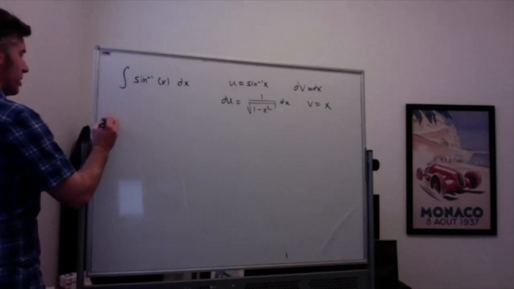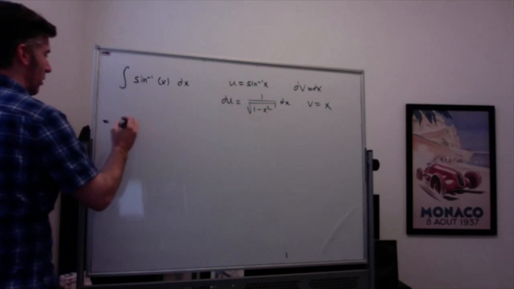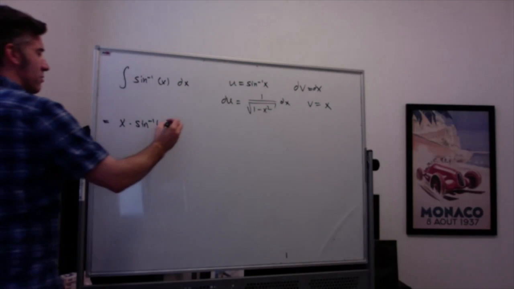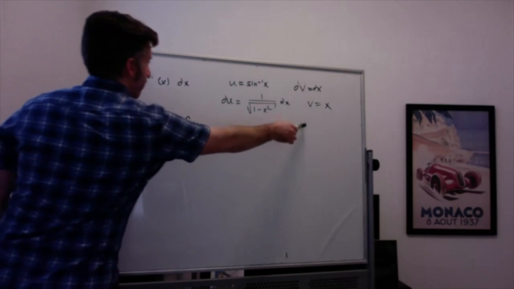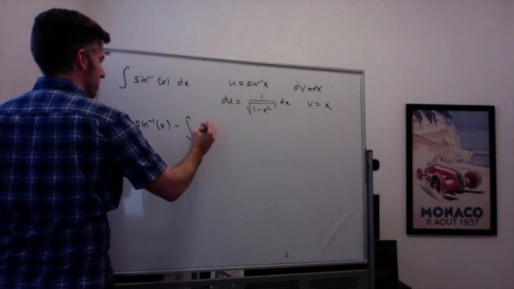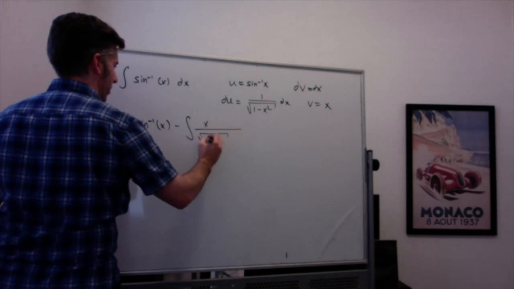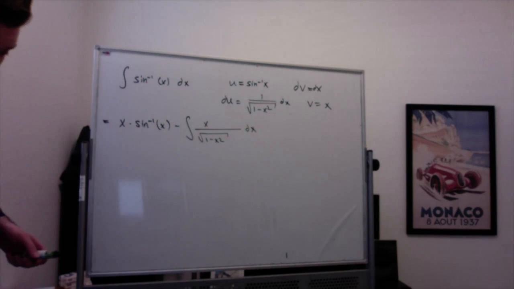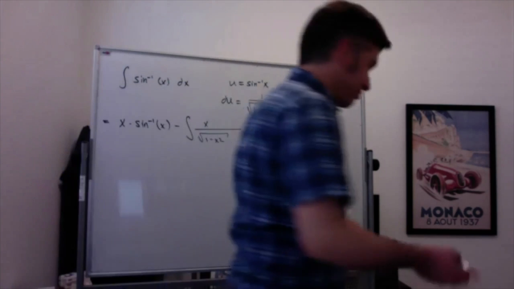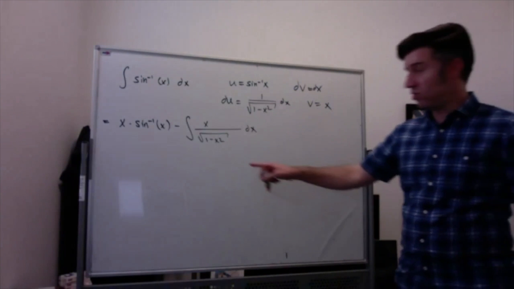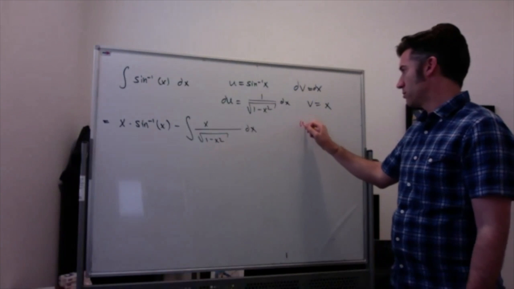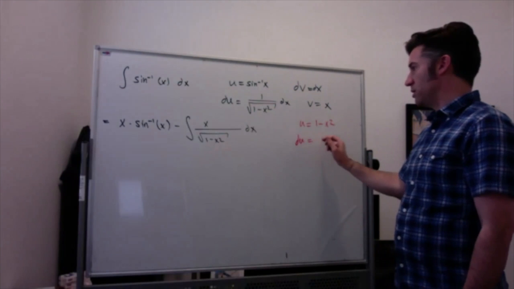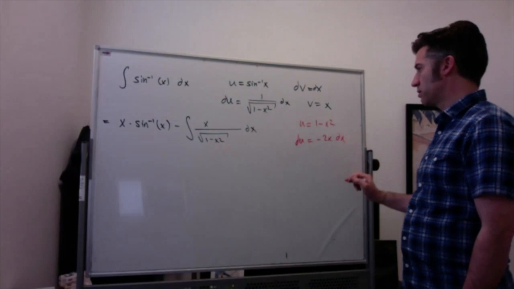So this is going to end up being u times v, so x times the inverse sine of x minus the integral of v du, which is going to be x over the square root of 1 minus x squared dx. And just like before, we can do a u substitution. We can let u equal 1 minus x squared. du is going to be negative 2x dx.